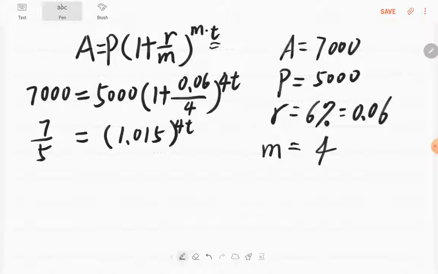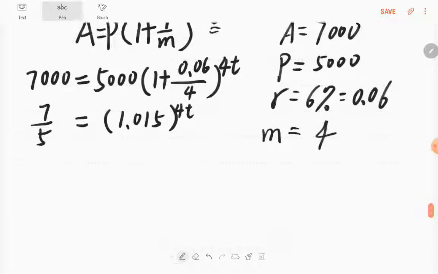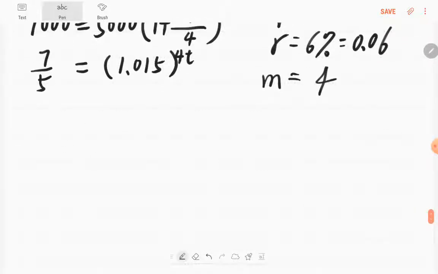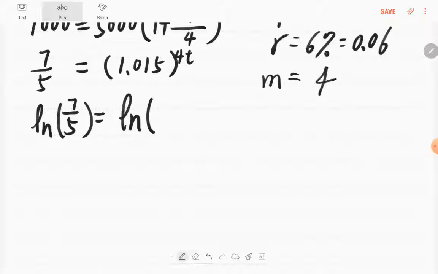we have to bring it down, so we use the natural log, using the property of the logarithm to do that. For our convenience, we always take the natural log on both sides, not another logarithm. Of course, you can also take the common log.